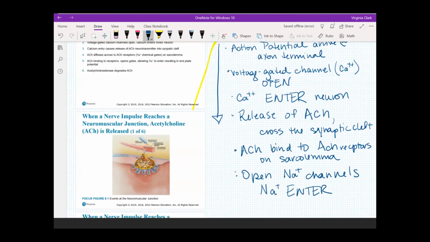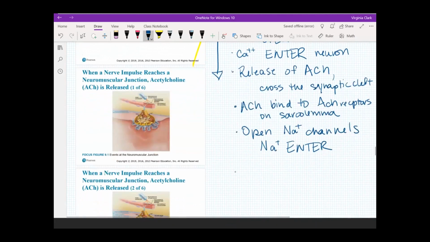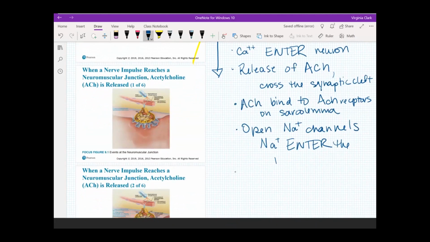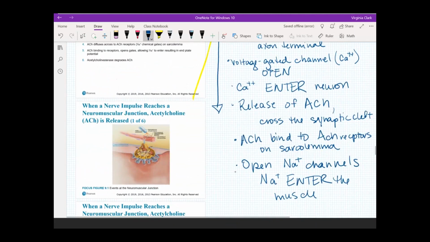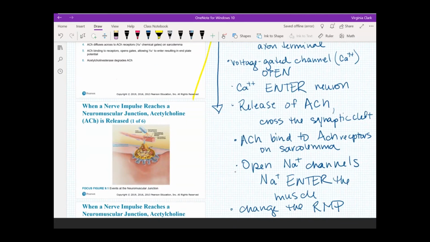If we have sodium entering the muscle, now what we're going to have is essentially a change in an end plate potential, but we're going to change the resting membrane potential of the sarcolemma. So that is a very complex, multi-tiered process.